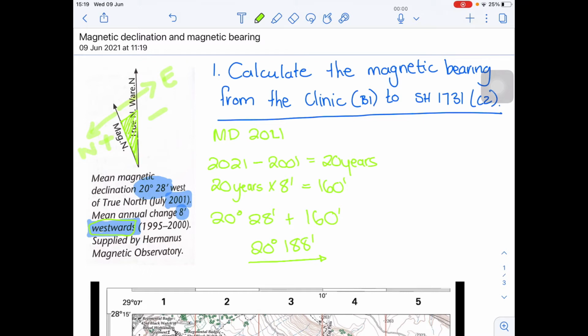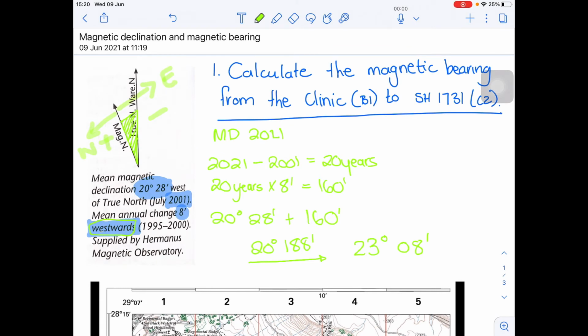So if I take 60 minutes out, I know that I can actually divide that 3 times and pull 3 degrees out of 188 minutes, and I'll be left with a remainder of 8. So then I can add that on, and I can say that it is 23 degrees and 8 minutes.